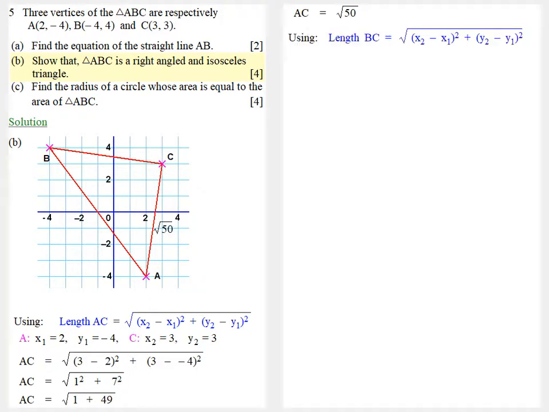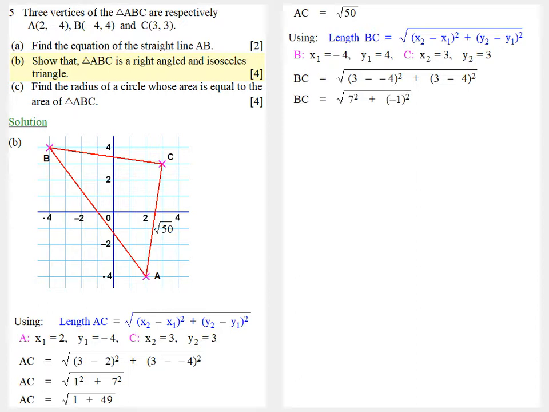Now we can use the same formula to calculate the length BC. For B, we've got x1 equals minus 4, y1 equals 4, and for C, x2 equals 3 and y2 equals 3. So the length of BC is given by the square root of (3 take away minus 4) squared plus (3 take away 4) squared, which is the square root of 7 squared plus minus 1 squared, which is the square root of 49 plus 1.